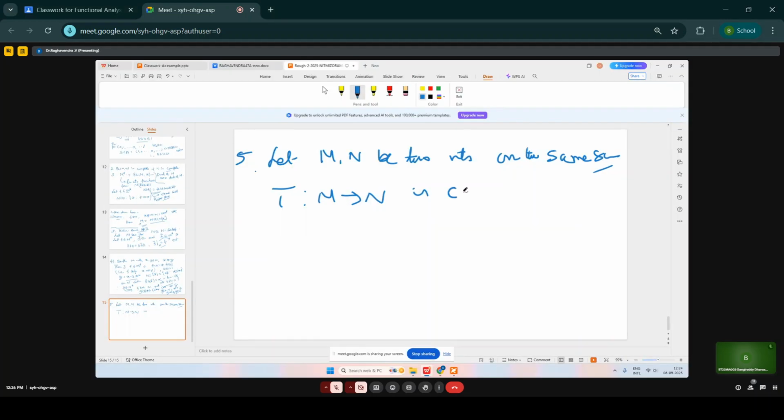A map T from M to N is called an isomorphism if, first condition, T is one-one and onto. Second condition, T belongs to bounded linear M to N, and T inverse belongs to bounded linear N to M. That is, T and T inverse are continuous. Then it is called a linear isomorphism.